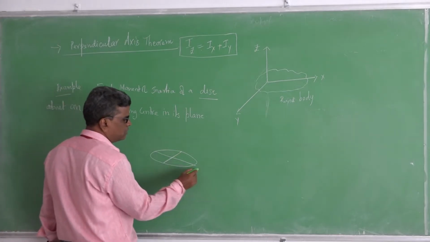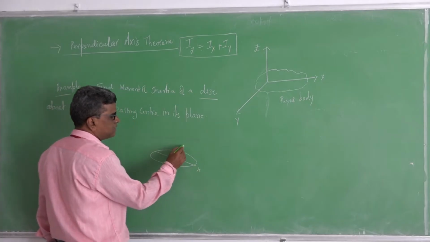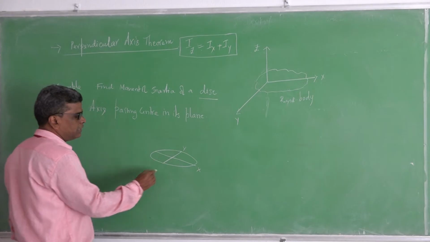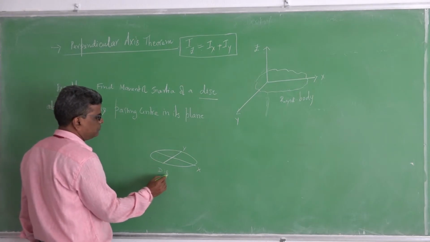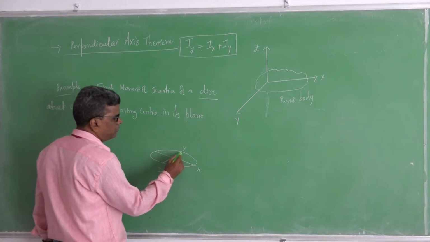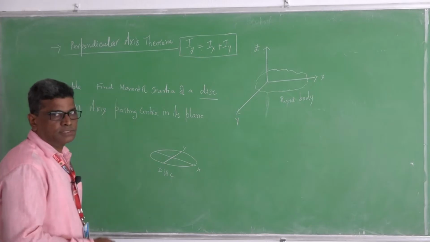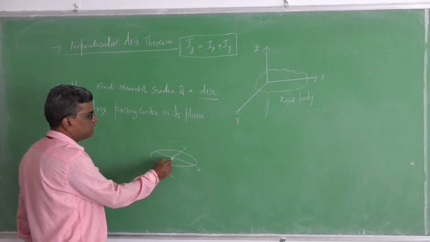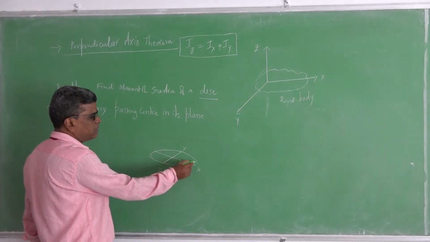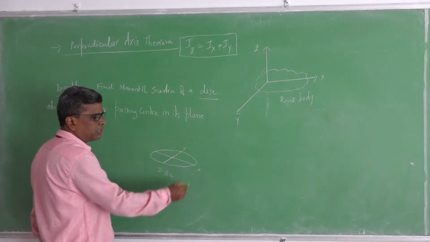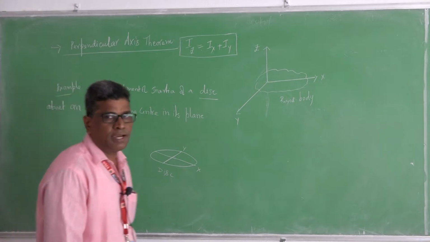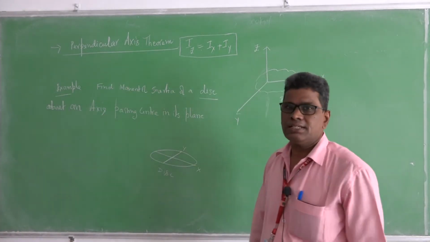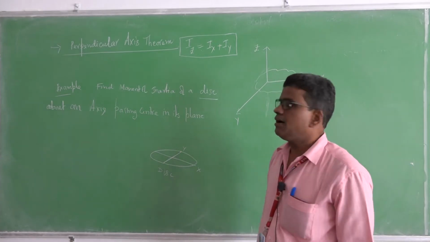The first one you choose as the x axis, the second as the y axis. These are the two diameters perpendicular to each other passing through the center. Let Ix and Iy be the moments of inertia of the disc about the x and y axes respectively.